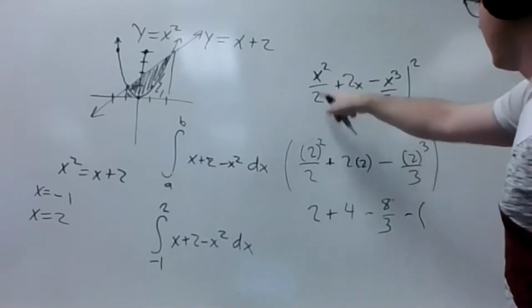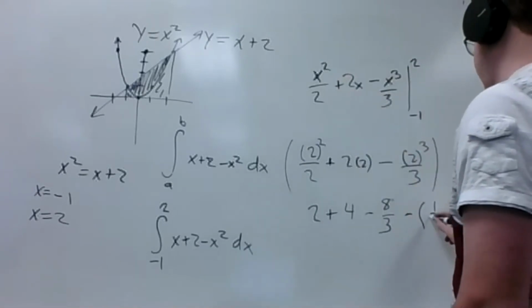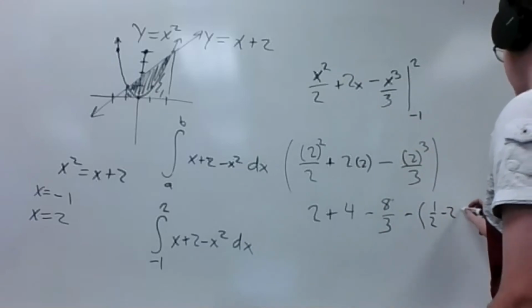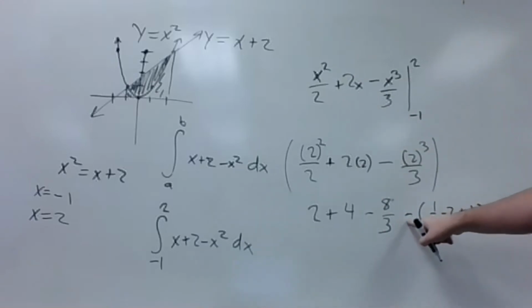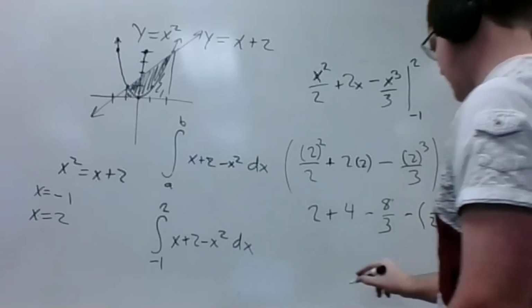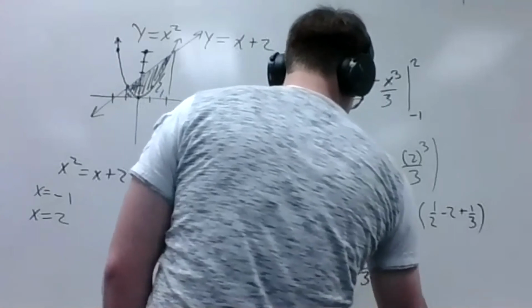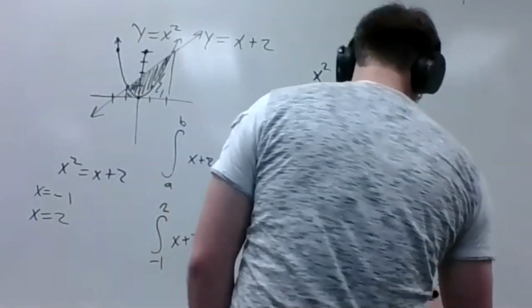So we're going to do this again with -1. So we're going to get 1/2 minus 2 plus 1/3. And it's a negative, so we got to remember to distribute the negative. So we have 2 plus 4 minus 8/3 minus 1/2 plus 2 minus 1/3.